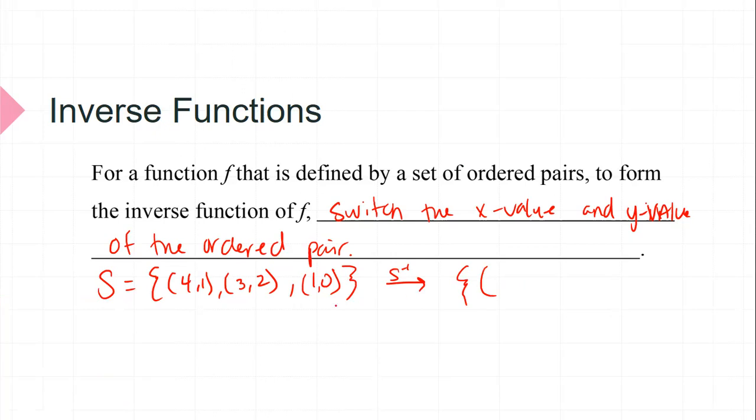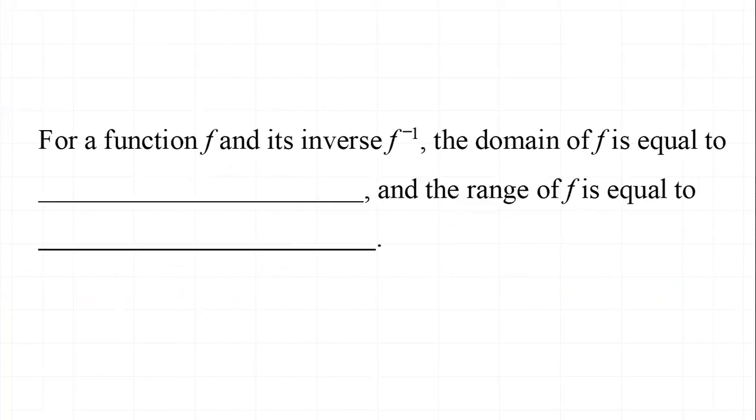Switching the x's and y's. So this becomes, and this becomes, and this becomes. Do you remember doing that in Algebra 1? Again, did you have to write this down? No, it's just a refresher of what this is telling you.